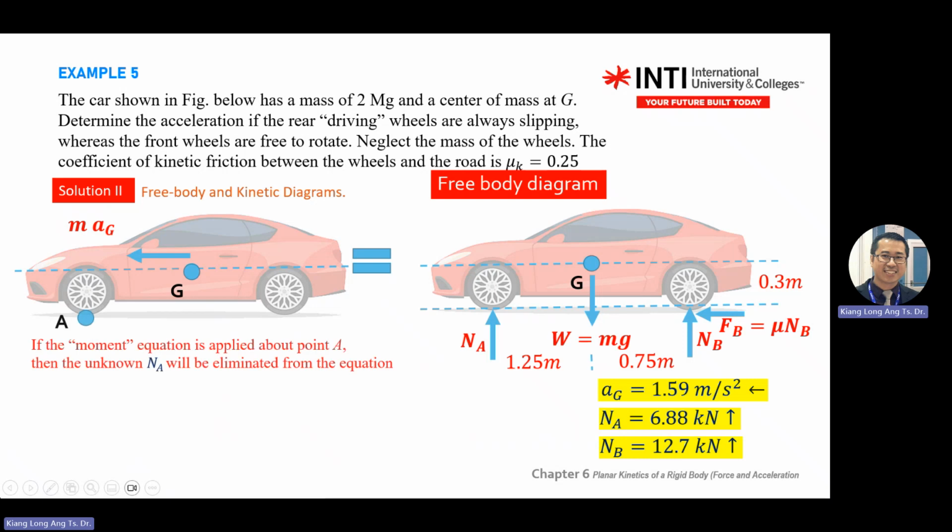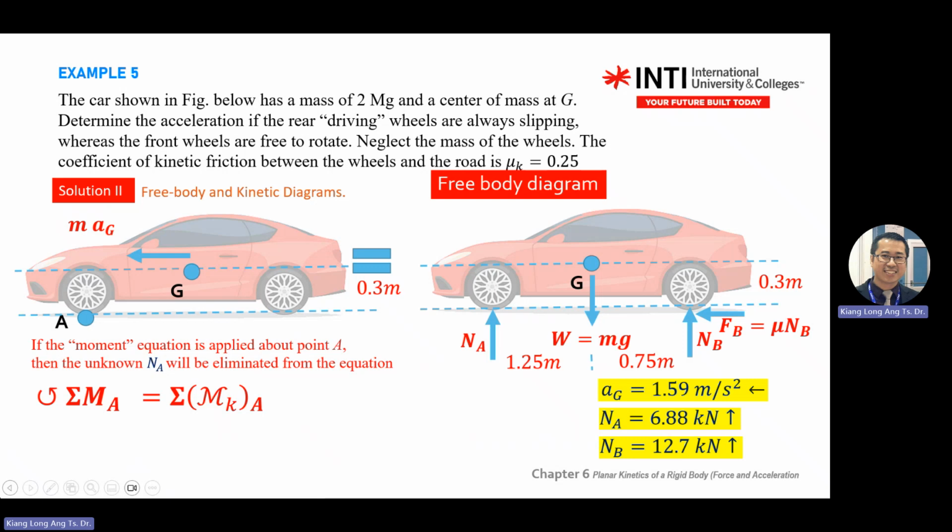So in this case, we focus on point A. If the moment equation is applied about point A, then the unknown NA will be eliminated in the equation. So you look at moment at point A here, and moment at point A here, then you write this equation. This is the second solution. The first one we use the equation of equilibrium, the second uses this moment equation.